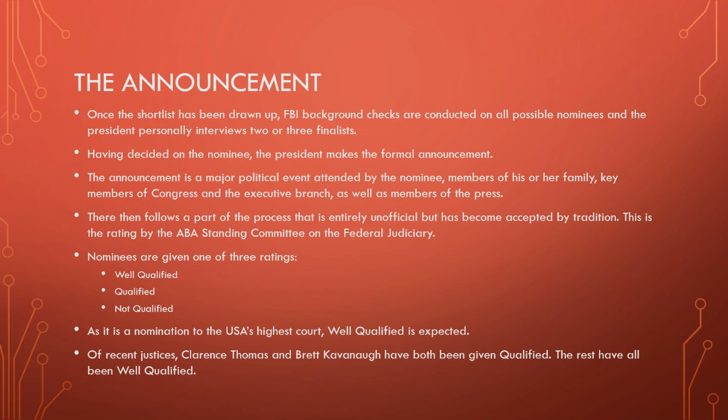So the ABA give the nominees 1 of 3 ratings: well qualified, qualified, or not qualified. As it's a nomination to the USA's highest court, well qualified is expected, but of recent justices, Clarence Thomas and Brett Kavanaugh have both been given qualified, not well qualified. The rest of the Supreme Court are all well qualified.